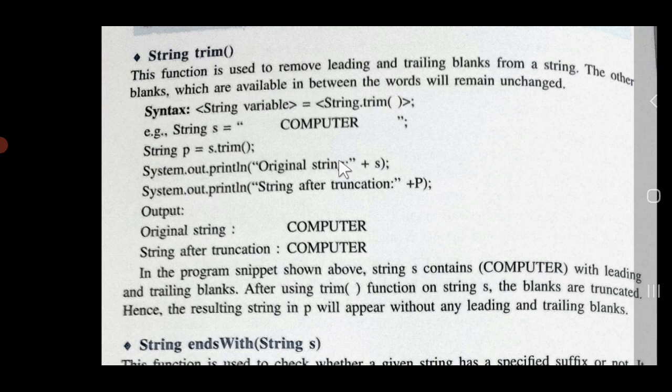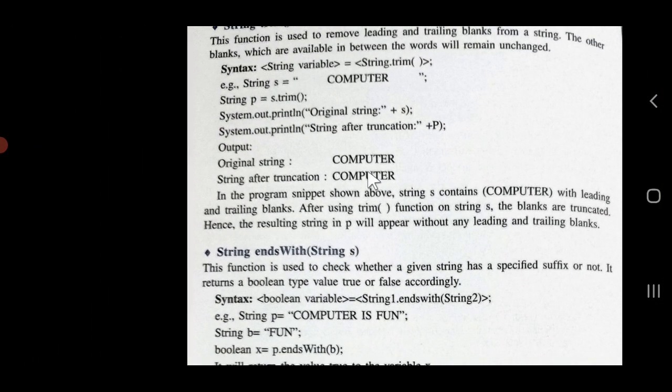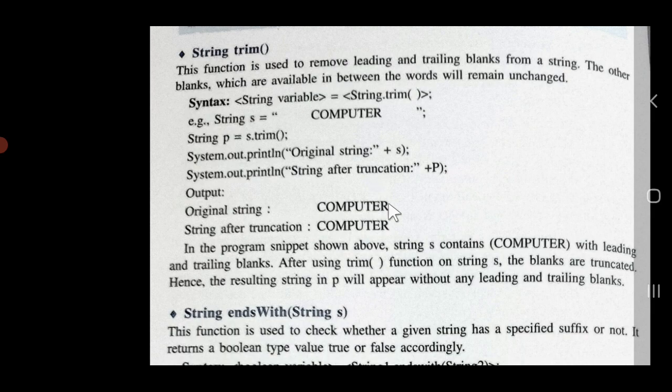After that, students, we print the original string plus s, so whatever the string s was, that will be printed. Then the string after truncation, that is p, stored in the small p, always remember. The output is: original string computer, and string after truncation computer.